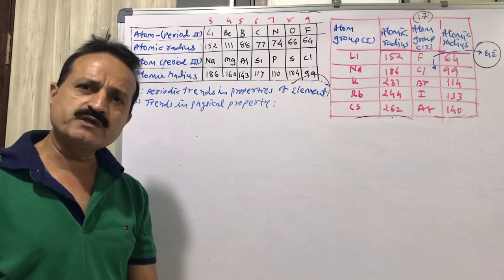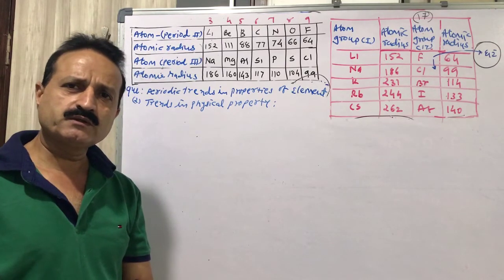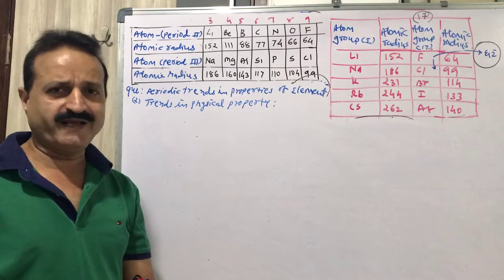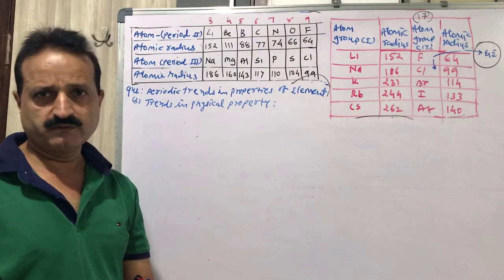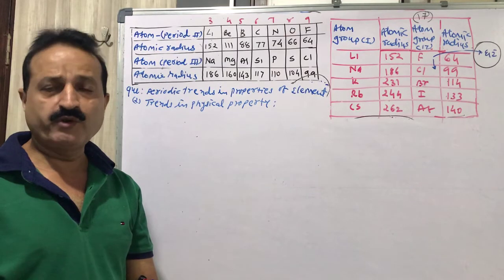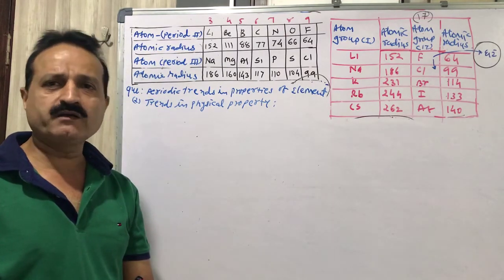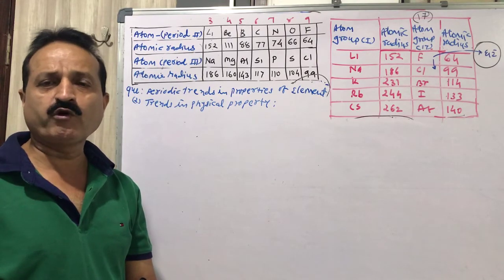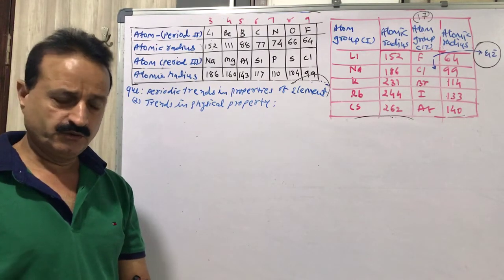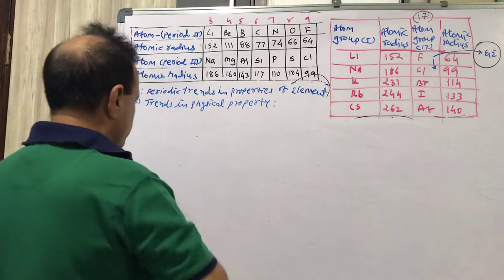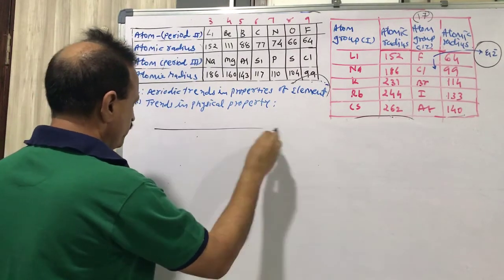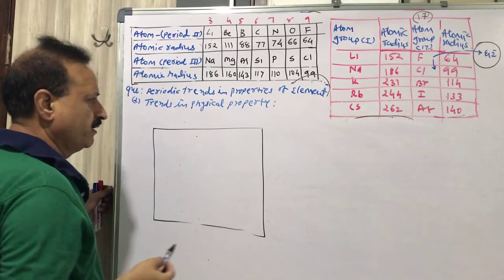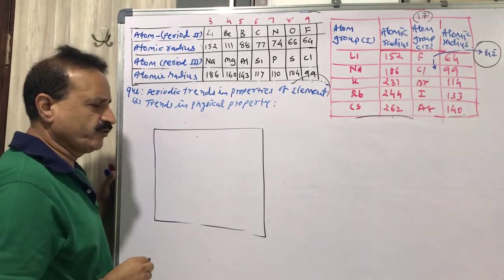Suppose we are going to discuss the chemical reactivity. Before that, we will divide the periodic table into metallic, semi-metallic and non-metallic parts. This is a simple periodic table, just one imagination of periodic table.